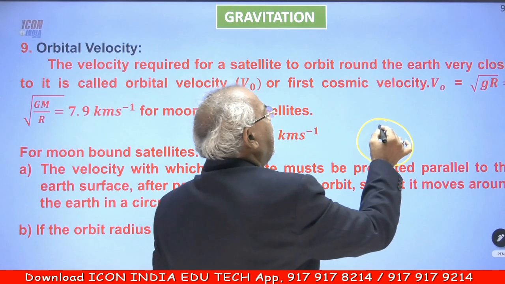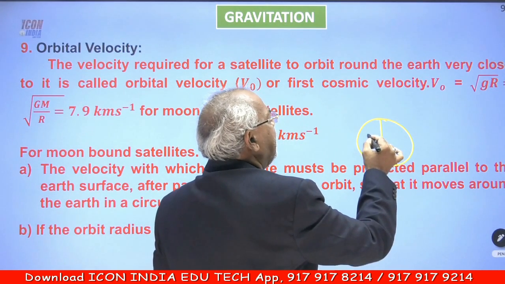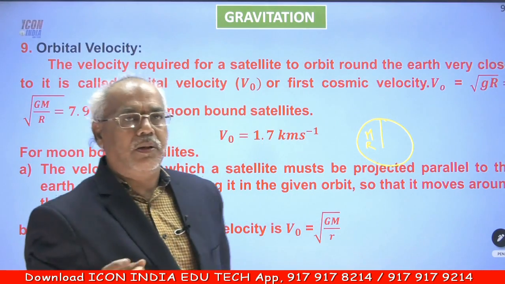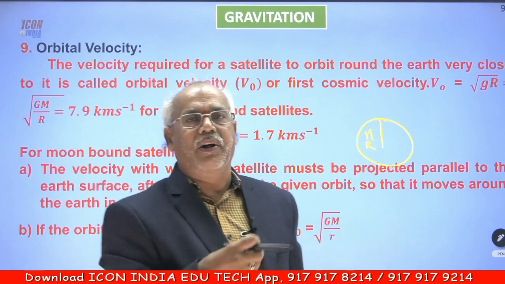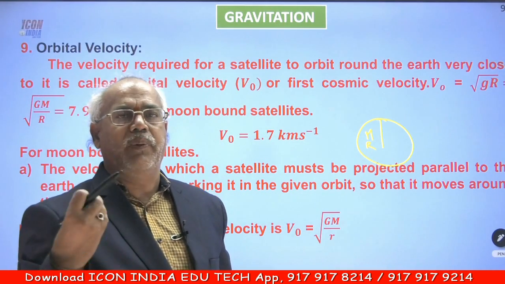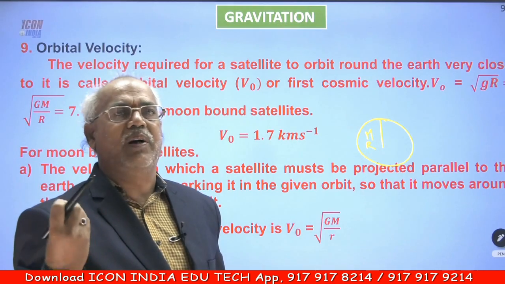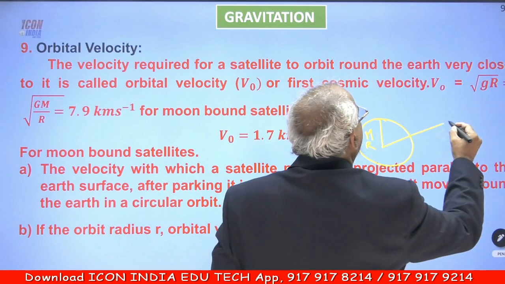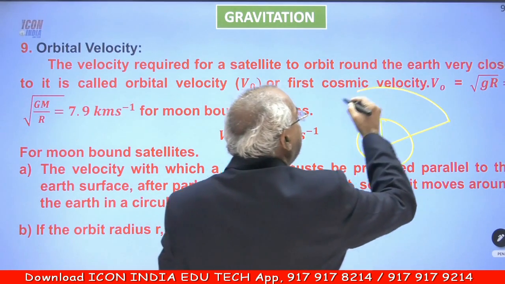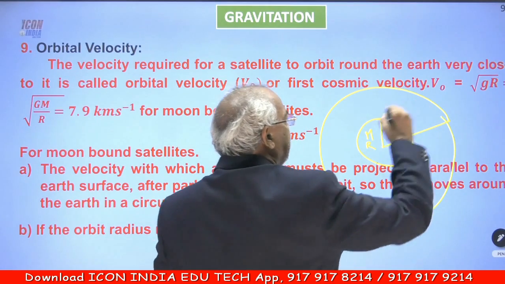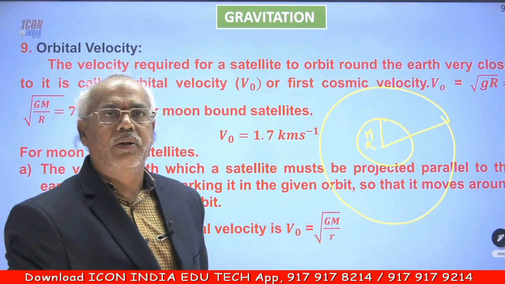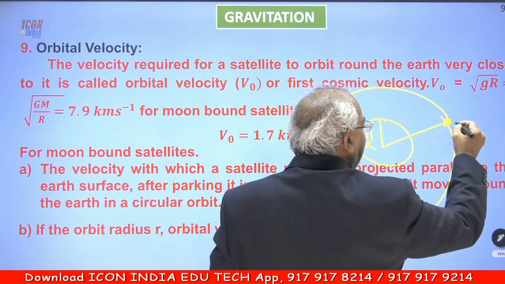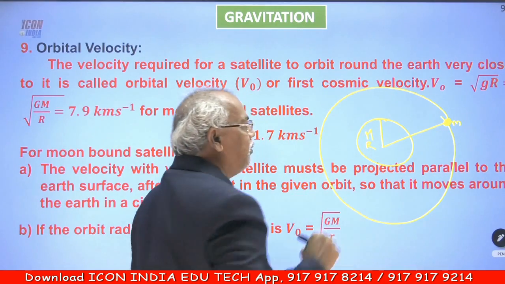So here the mass of the earth, the planet, is say capital M and radius is say R. We are projecting, or we are placing, a satellite of mass m in its orbit. So when you place this satellite m in its orbit, what happens?